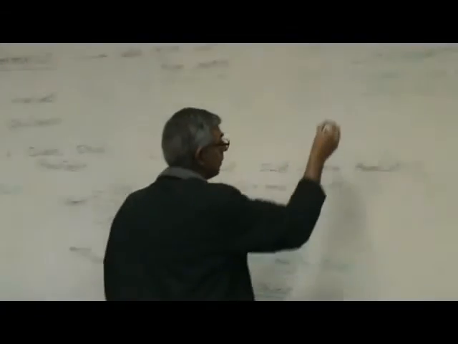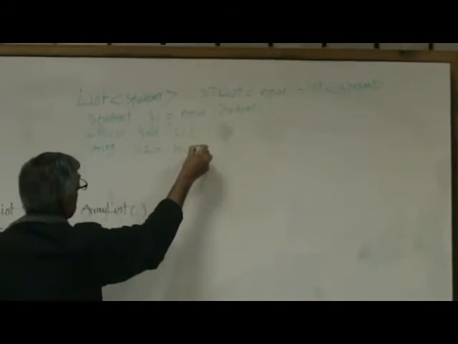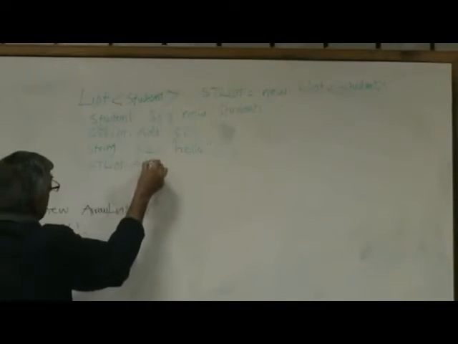If you created, let's say, a string s2 equal to "hello", and you try to do stList.Add(s2). So you try to write this code. Now this code will not compile.